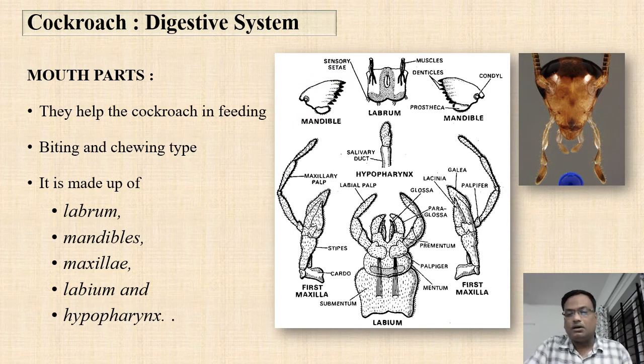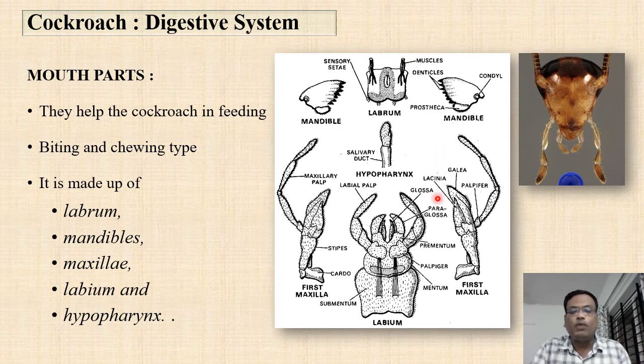Mandibles are very hard structures due to the presence of chitin, and they have a serrated margin. These sharp teeth-like structures help the cockroach cut the food material into small pieces. So mandibles are the structures which cut the food into small pieces.